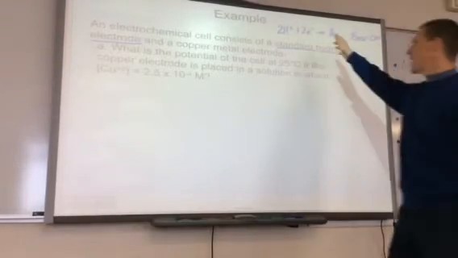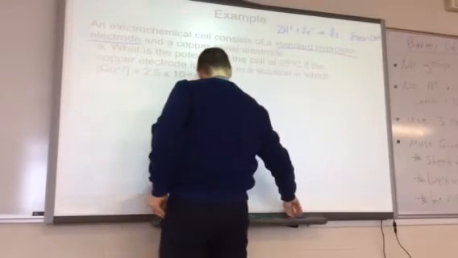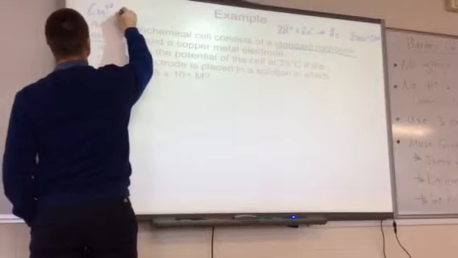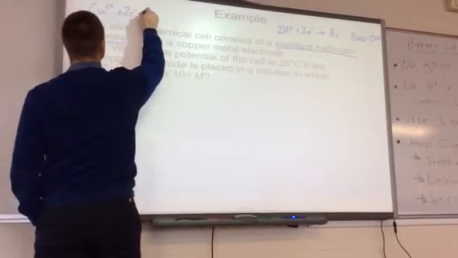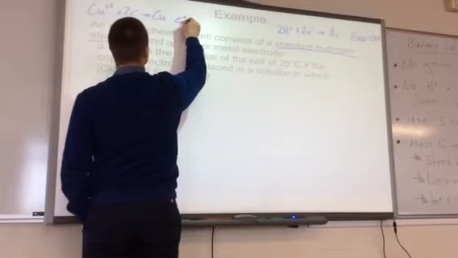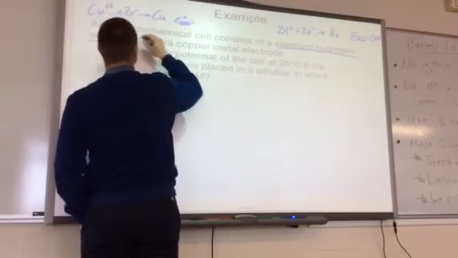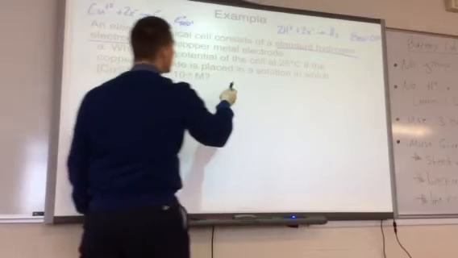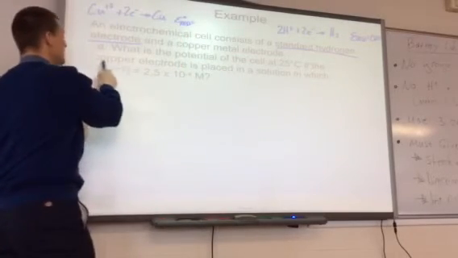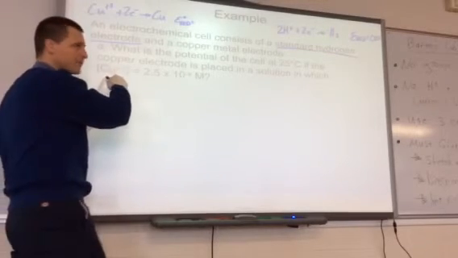This is one of our half reactions. The other half reaction is the reduction of copper ion to copper metal. Now, how do we know that? It says we have a copper metal electrode, and it's placed into a solution of copper.